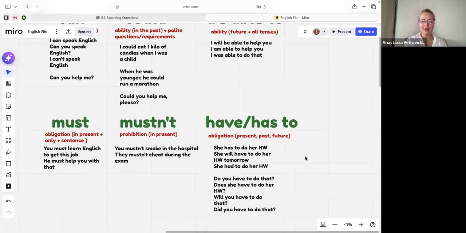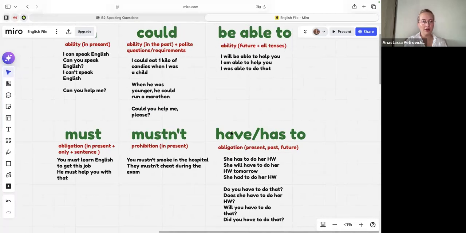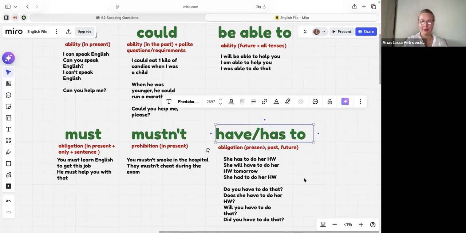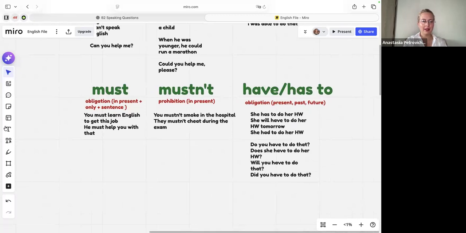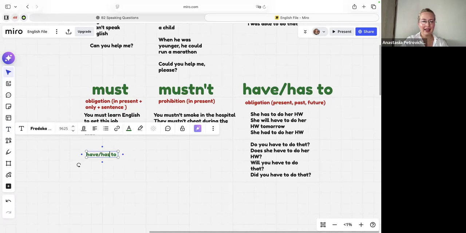And of course, we also have the negative form. And here, let me write it. The meaning is gonna change a bit. And that's gonna be don't have to, or doesn't have to.